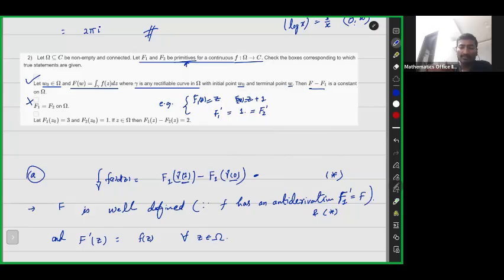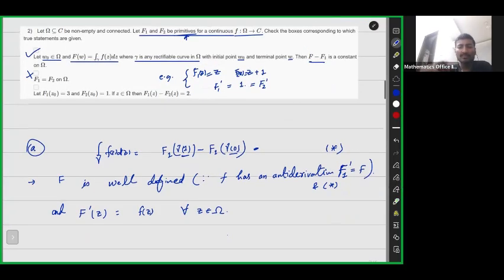Now what about the third option? F1(z0) is equal to 3, F2(z0) is equal to 1. If z belongs to omega, what can you say about the difference F1 minus F2 of z? Is this equal to 2?